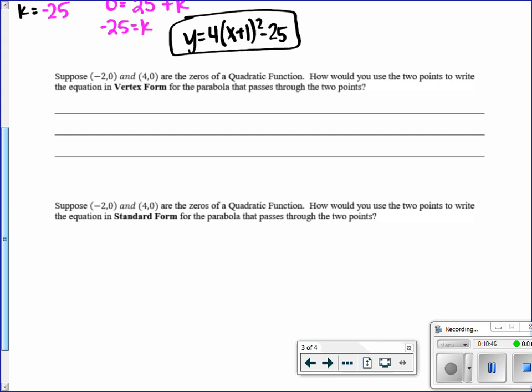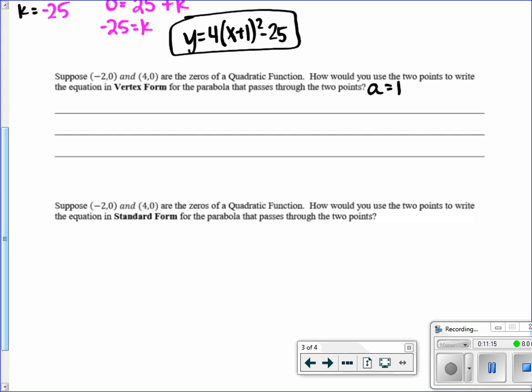So what were we just doing for our notes? Well, let's say our a value is 1. We're using our 2 zeros to find our h value, and then we're plugging in h, a, x, and y to get our vertex form.